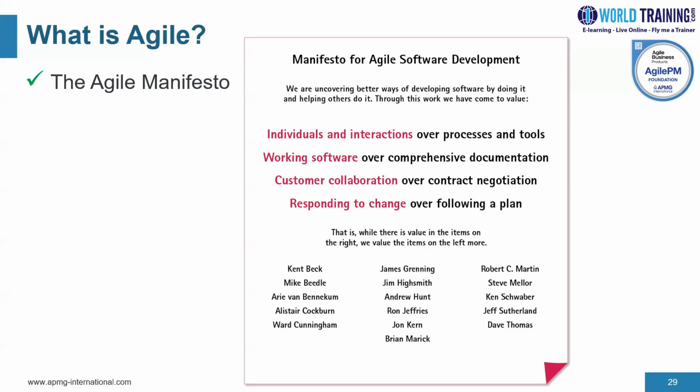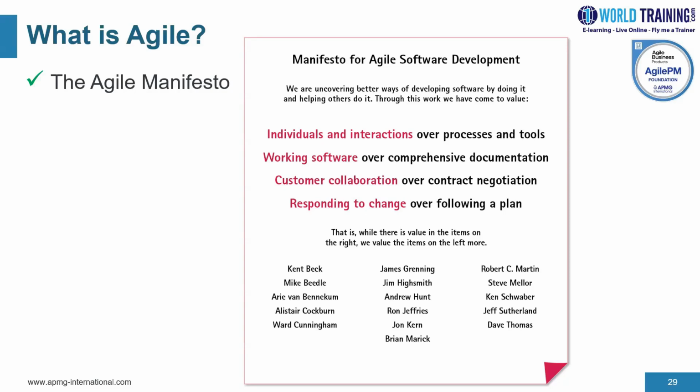If you look at the opening statement up on the top, we are uncovering better ways of developing software. By the way, Agile is not necessarily restricted to software. It could be applied to other product environments, but initially it began with the software environment. By doing it and helping others do it, through this work, we have come to values. So the 4 key values of the Agile Manifesto are: individuals and interactions are given greater prominence over processes and tools.